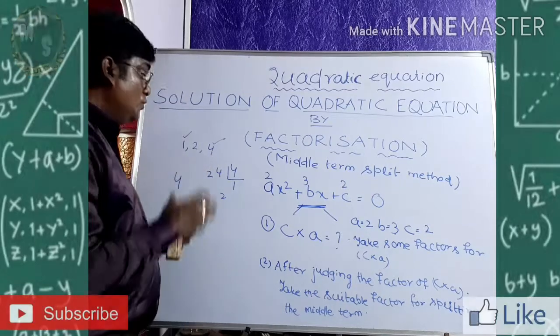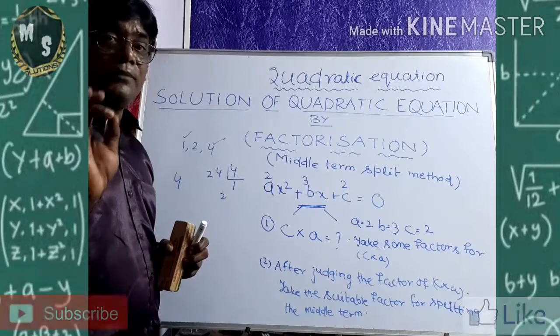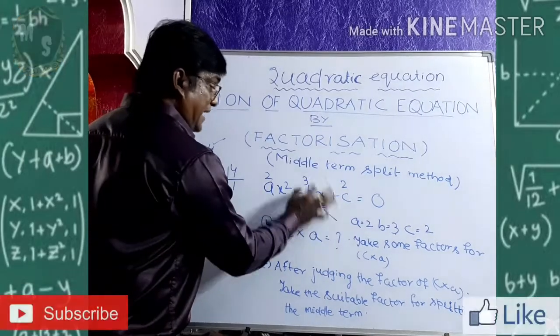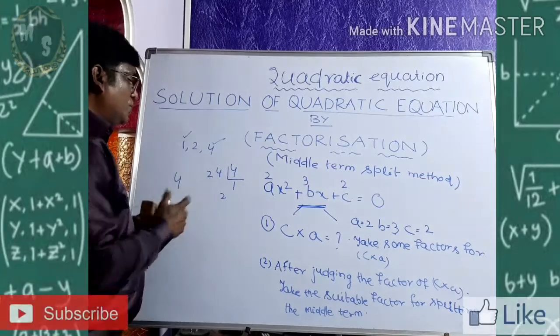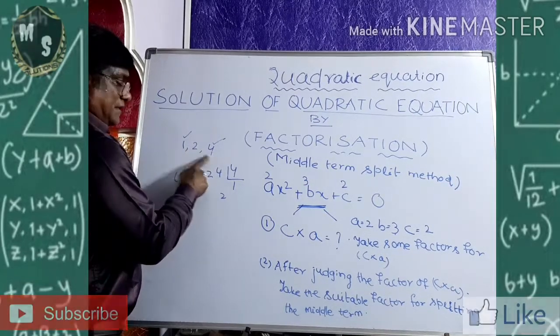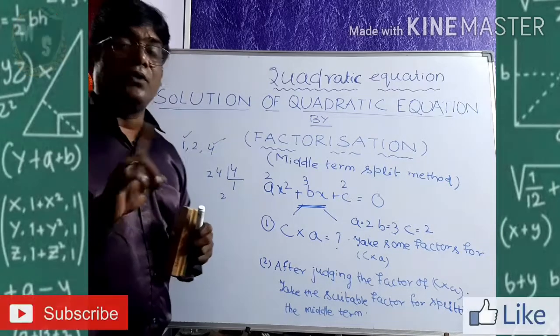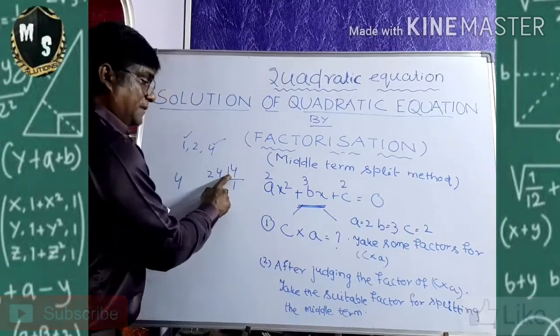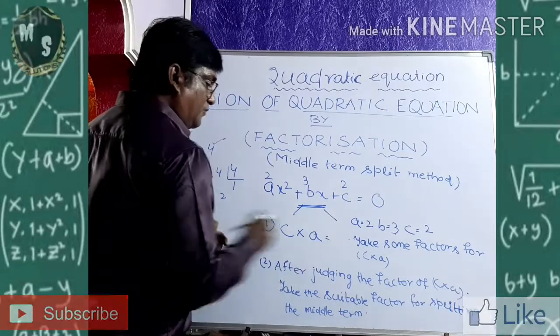After that, you have to judge which factor among these is suitable for splitting the 3x. So now you see how you will do it. When you multiply those two factors, suppose I am taking 4 and 1, after multiplying, 4 is coming. That means my C into A is coming, which is 4 now.